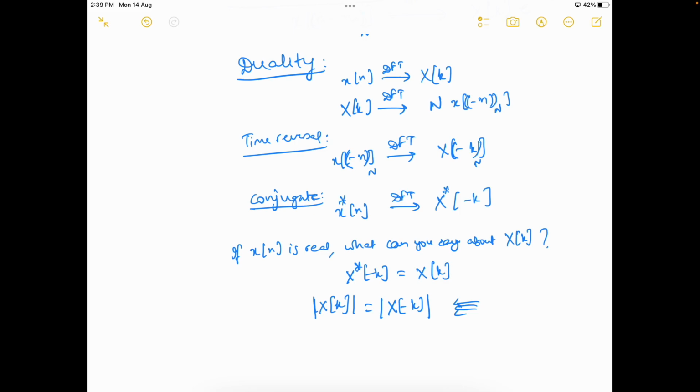This property is very important, that my |X[k]| is equal to |X[-k]| in magnitude space. The magnitude spectrum is symmetric, right? That's a very important property. And since we know this is periodic, so this becomes equivalent to X[N-k]. Because you know you have this N thing here. So means |X[k]| is equal to |X[N-k]|.